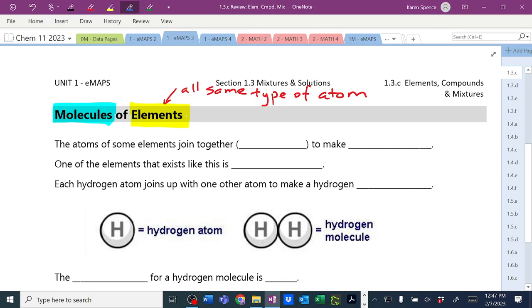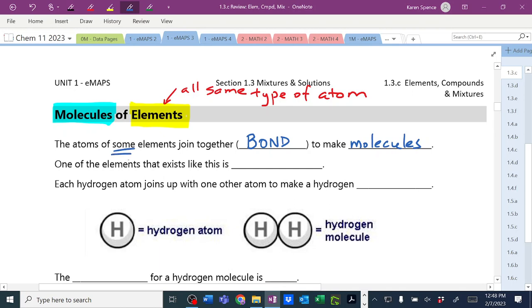Do you know what it means to join together in a chemical sense? What do they do? They bond, yes. So when the atoms of some elements join together or bond, they can make molecules. Not all elements, notice I only said some elements, okay?